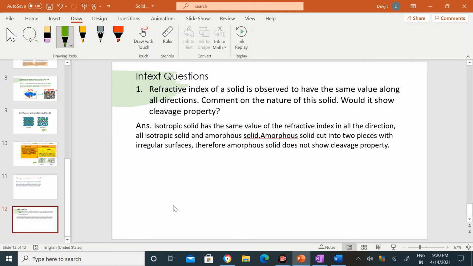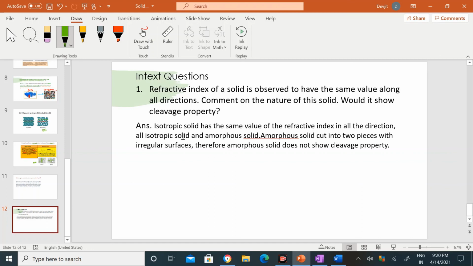When we are able to see the same property in any direction we navigate in a solid, it is amorphous, because there is disorder everywhere. So wherever you go, in whichever direction you follow, you will get a similar property, because the arrangement of atoms is similar. That's why the refractive index in an amorphous or isotropic solid seems to be the same.